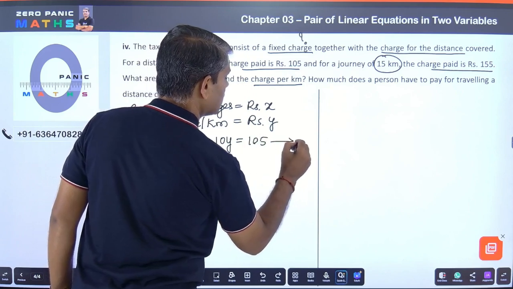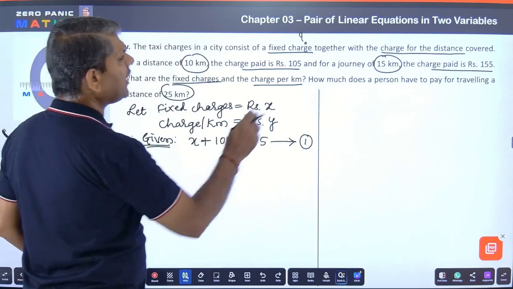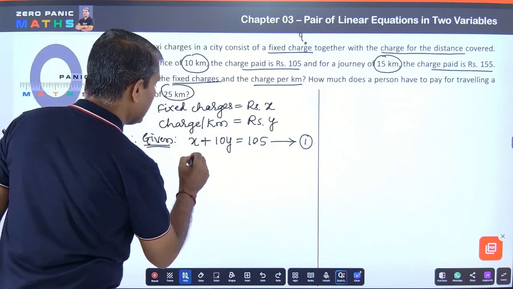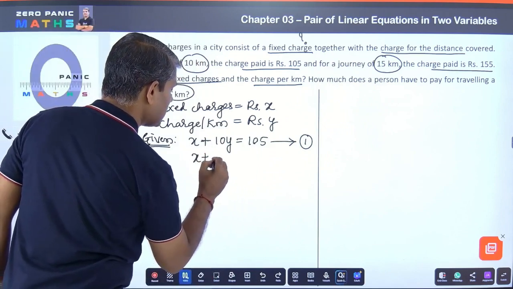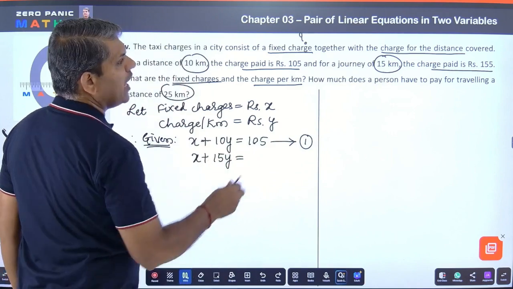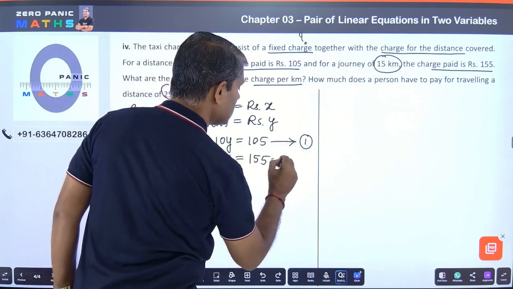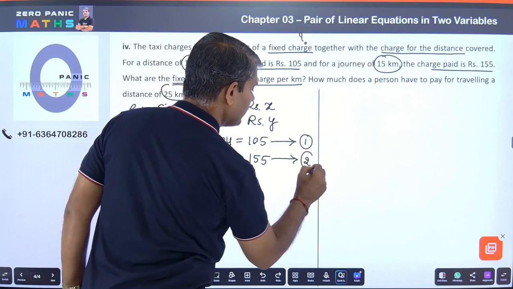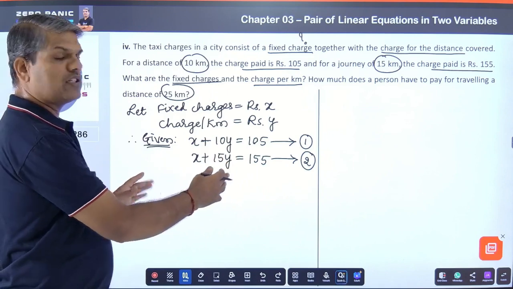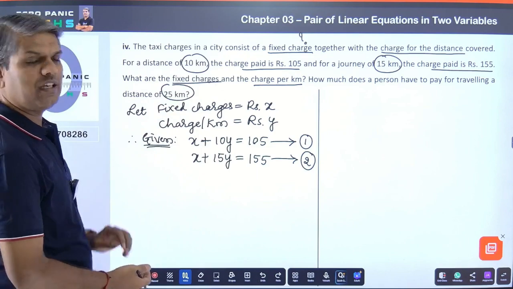Hope you understood this. This is equation 1 for us. The second information is 15 kilometer. 15 kilometer again contains the fixed charge and 15 kilometer charge, and how much did he pay for that? 155. This is equation 2. Now we got the equations. Let us solve the equations and find x and y. That is the first part. The second part we will see later.